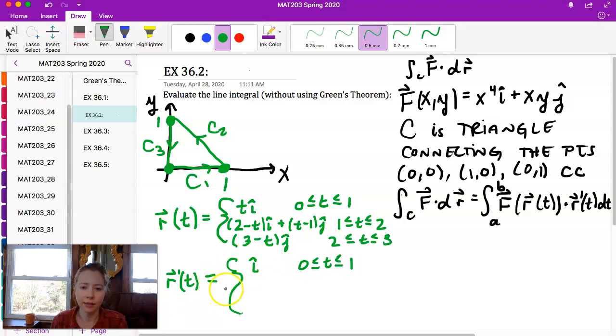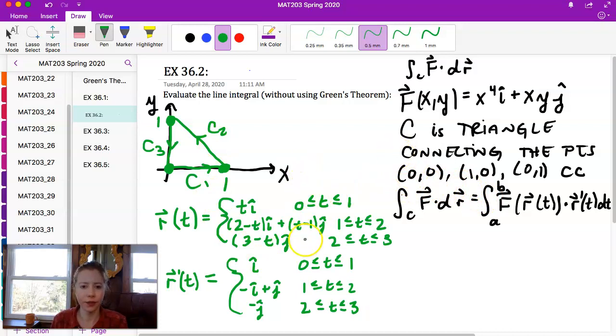Then we get minus i hat plus j hat for 1 less than or equal to t less than or equal to 2. And then we get minus j hat for 2 less than or equal to t less than or equal to 3.